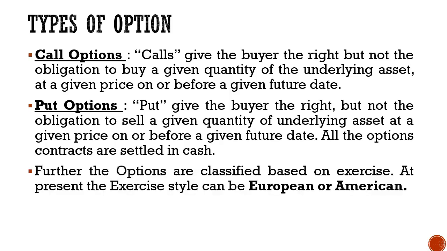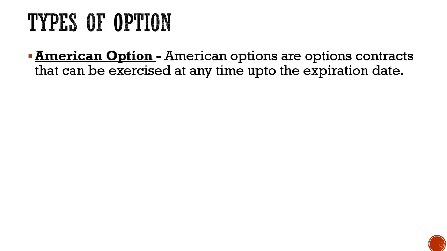Now, further, the options are classified based on the exercise. At present, the exercise styles can be either European options or American options. Now, what are American options? American options are options contracts that can be exercised at any time up to the expiration date.